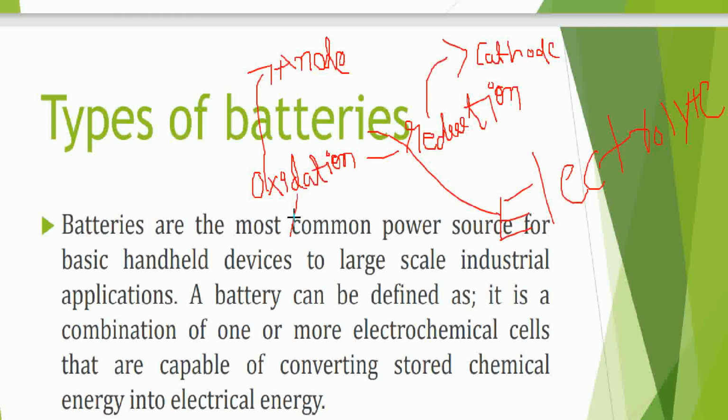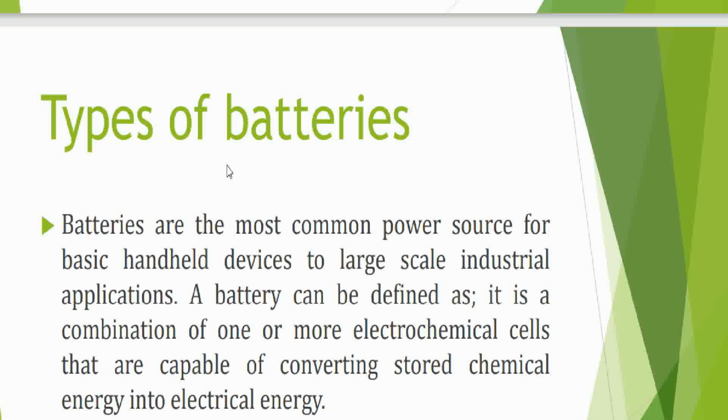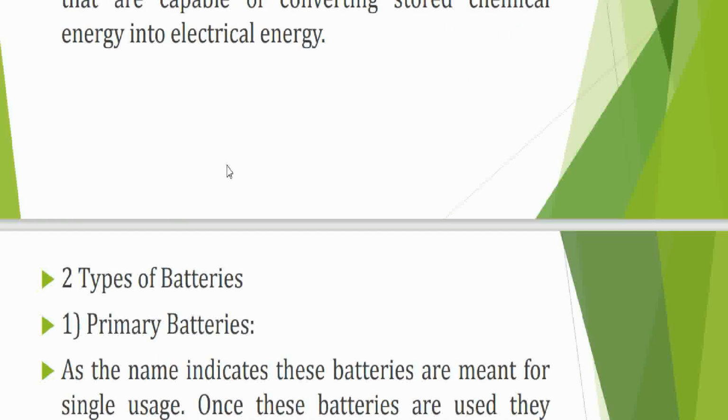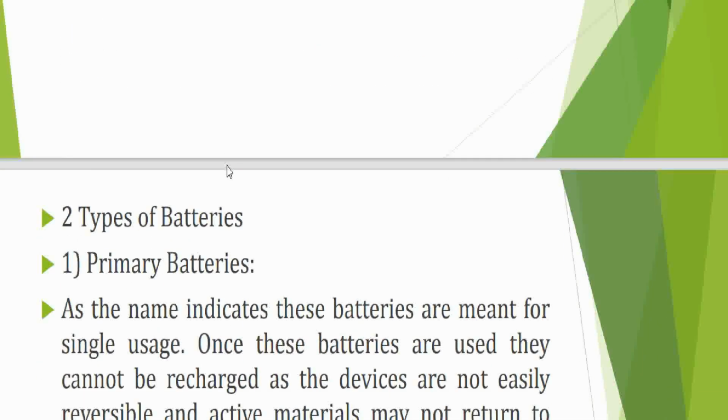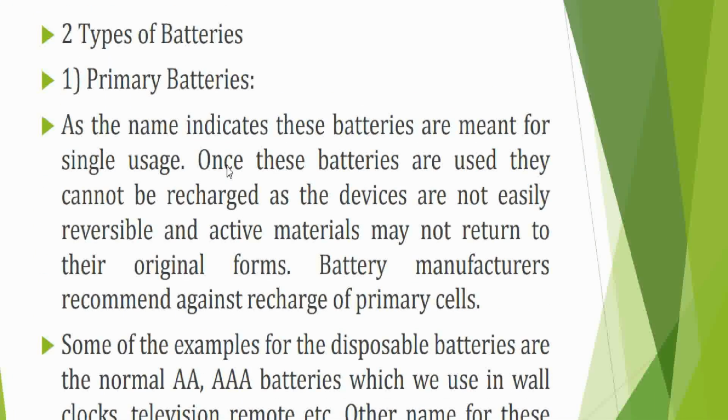Let us come to the classification of batteries. The batteries are classified into two types, primary and secondary. Primary are simply non-rechargeable batteries, and secondary are rechargeable batteries.